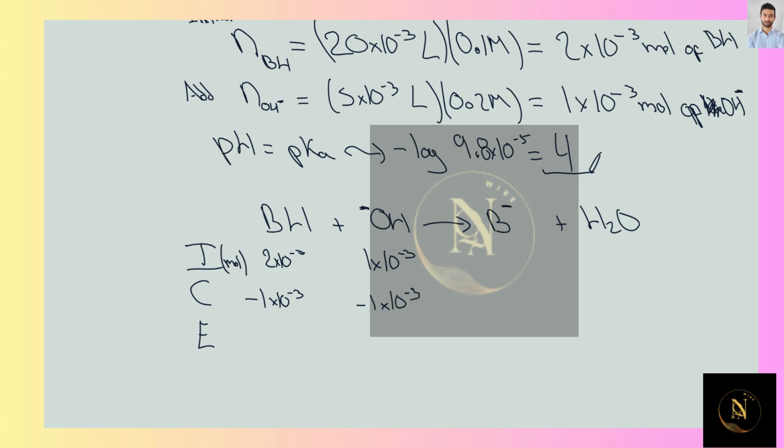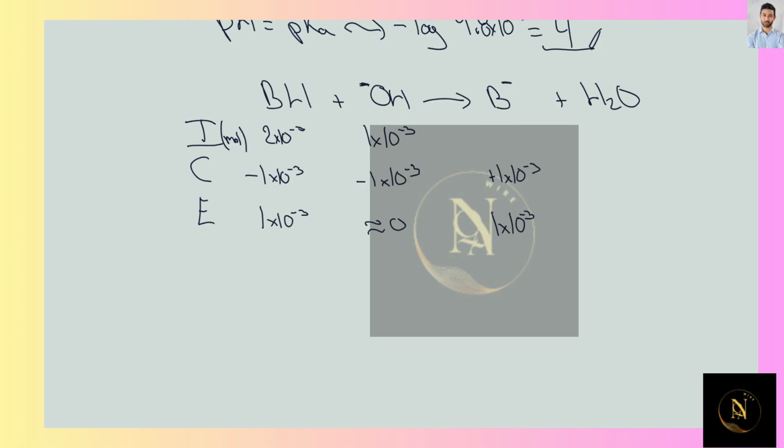So at equilibrium, I'm going to have 1 times 10 to the minus 3, approximately 0, and 1 times 10 to the minus 3. And guess what? We have the combination of an acid and conjugate base, which in this case is going to be a buffer.